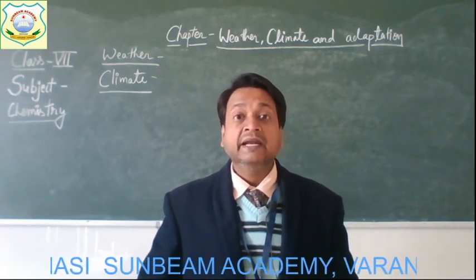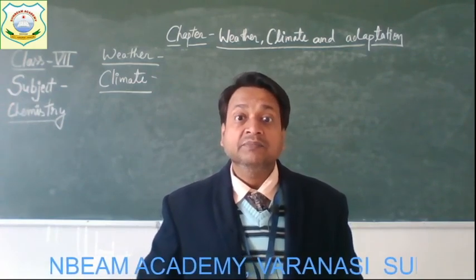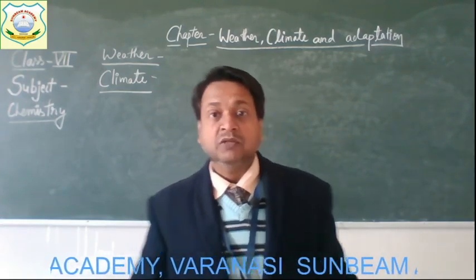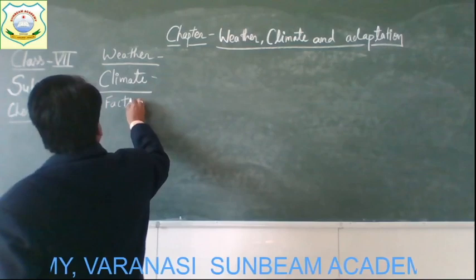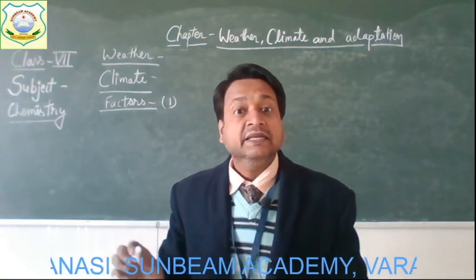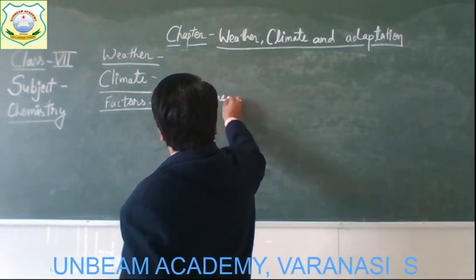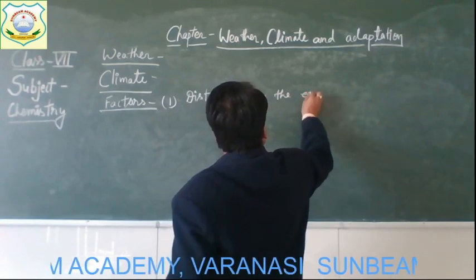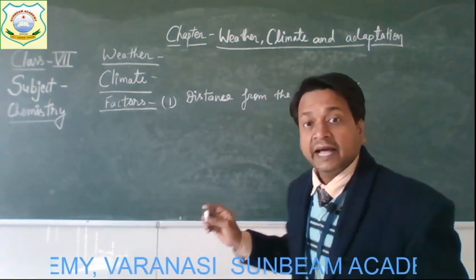The factors that determine the climate of a place are, the first one, the distance from the equator, or you can say latitude.